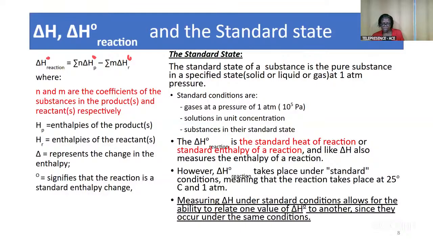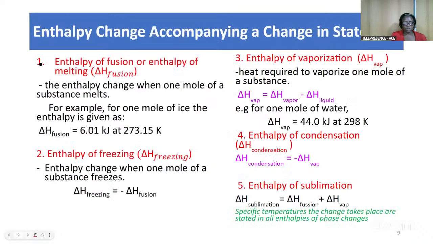So this is the advantage of using the standard change in enthalpy, because when you have reactants and products, all of them in standard state, you can relate one to the other freely without having to determine whether it's in standard state or not, or converting or calculating until you are able to obtain the enthalpy in standard state. This has a lot of advantage as we go on to see the calculations that are involved with enthalpy change.